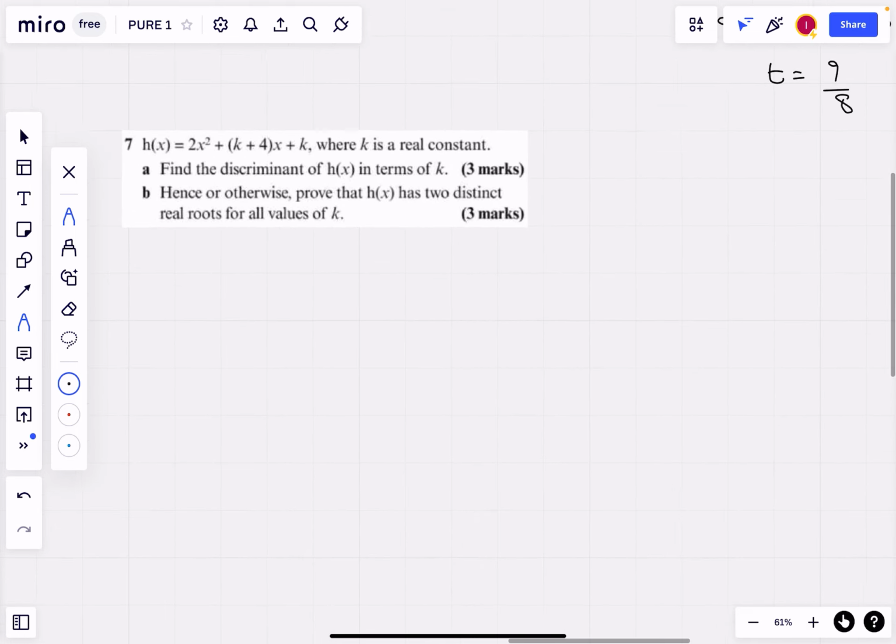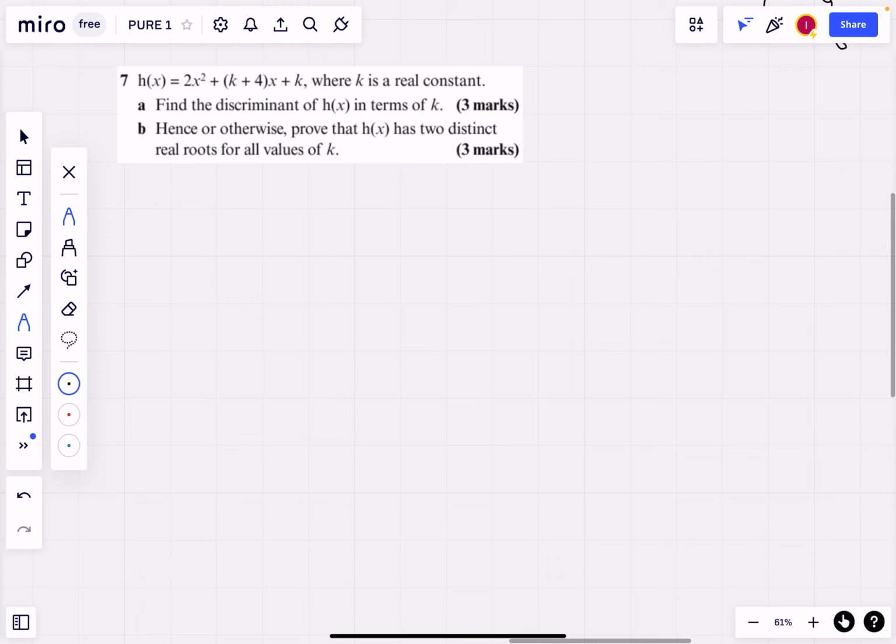Alright. Question 7. Find the discriminant of hx in terms of k. They haven't told you 2 roots, 1 root, no roots. So you don't care whether it's greater than, equal, or less than 0. You just want to express the discriminant b squared minus 4ac. A is 2, b is k plus 4, c is k.